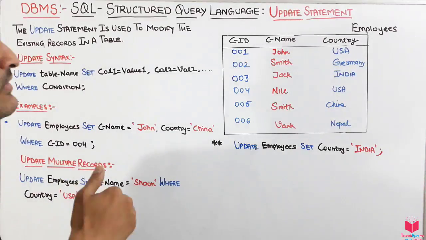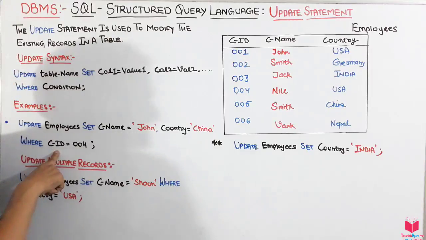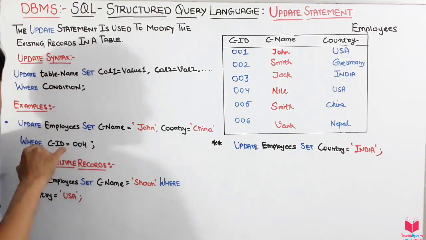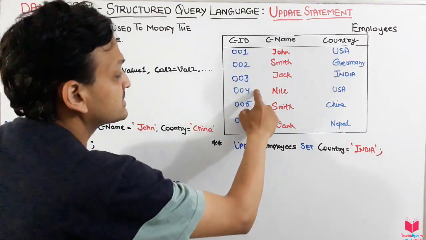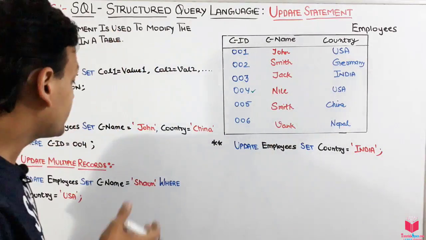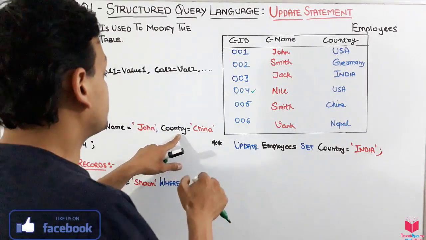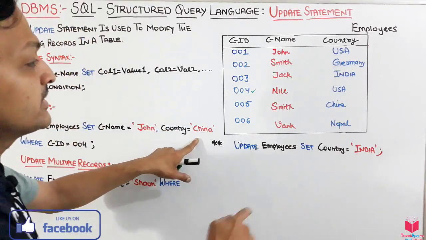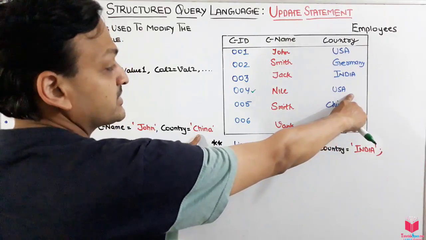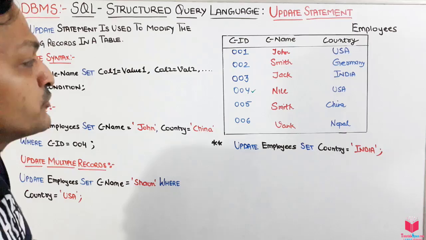It will move to this table and first find out where the CID has the value 004. Let's see. This is the CID and it has the value 004. After that it will go there and change the country. There is the attribute country, and it will set the value to China.